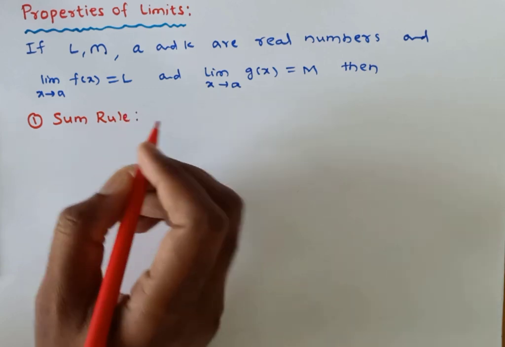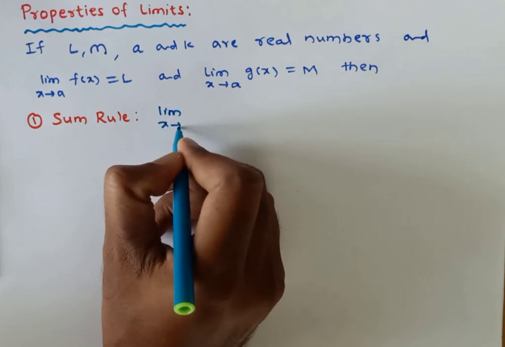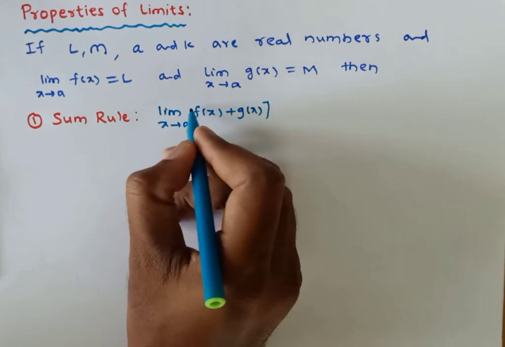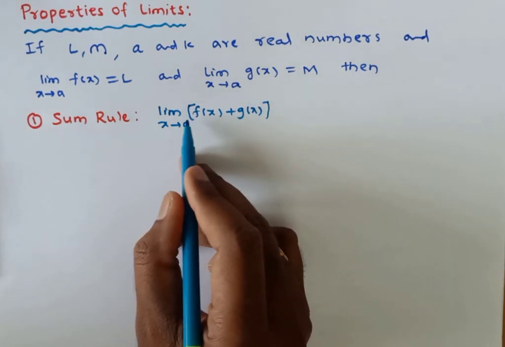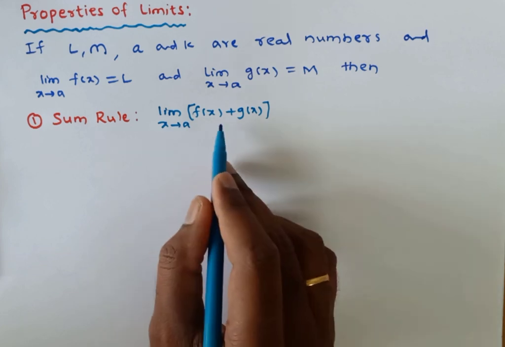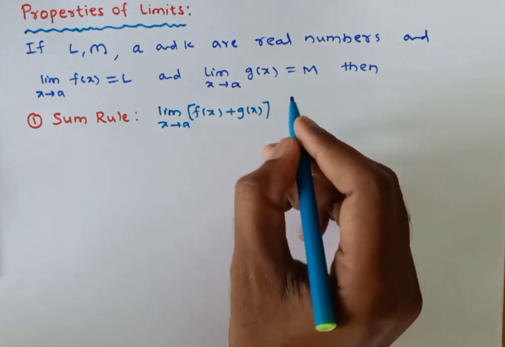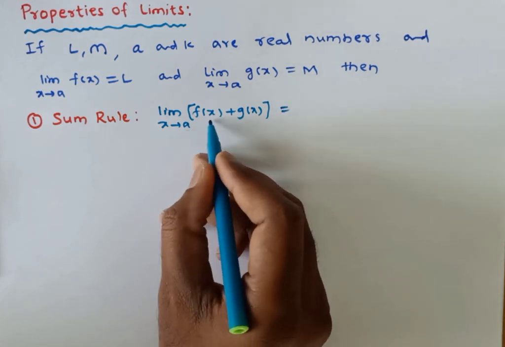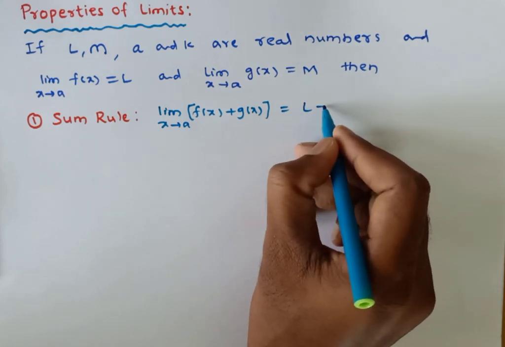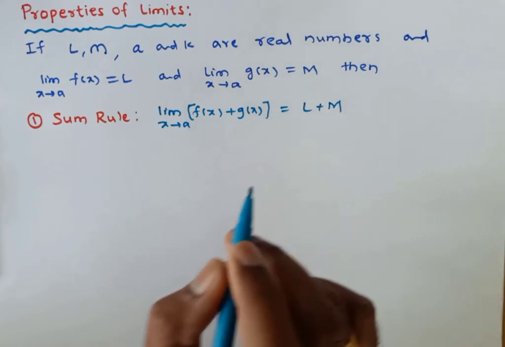What is the sum rule regarding f and g? The limit as x tends to a of f of x plus g of x. We apply the limit to both functions individually. That means limit of f of x plus limit of g of x, that is L plus M.